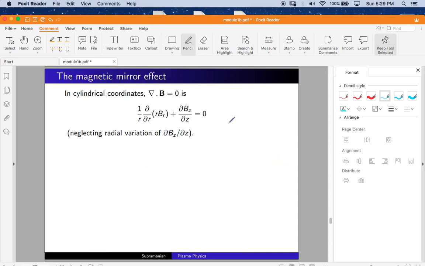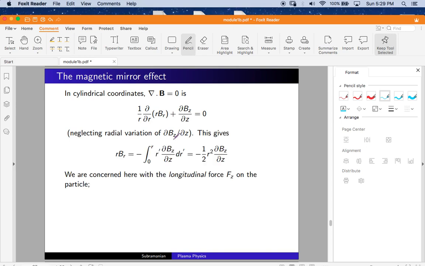We neglect the radial variation. We take this to be a constant along R, so dB/dZ is the same for any radial slice, so to speak.